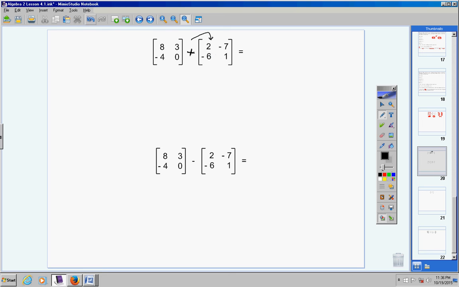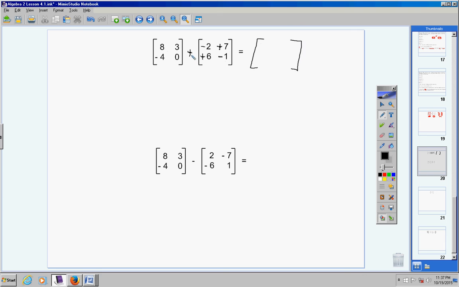Let me say that again. If you have a negative sign here, you are more than welcome to change it to a positive as long as you change all the signs in here. Okay? So I'm going to make this negative become positive. This will become negative. This will become positive. This will become positive. This will become negative. There. Now I can add the two matrices.